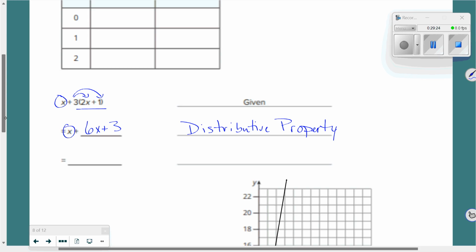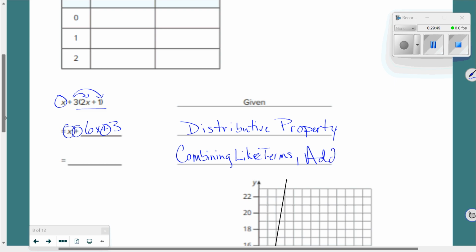And then, like we've done in the other one, once I've got all these terms out here, now we need to put them together. So what's the math term for that? What's the vocabulary? And what property are we using? Addition.